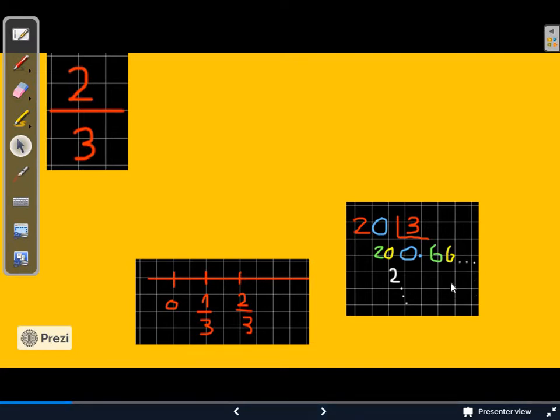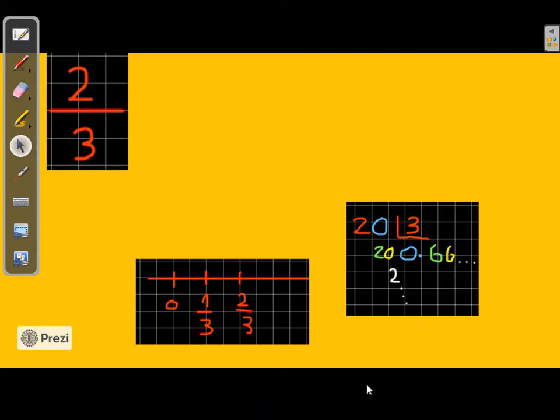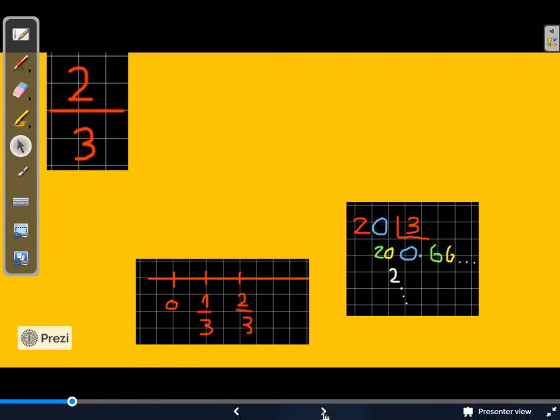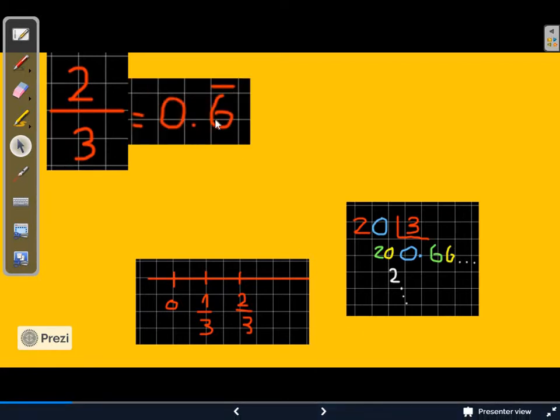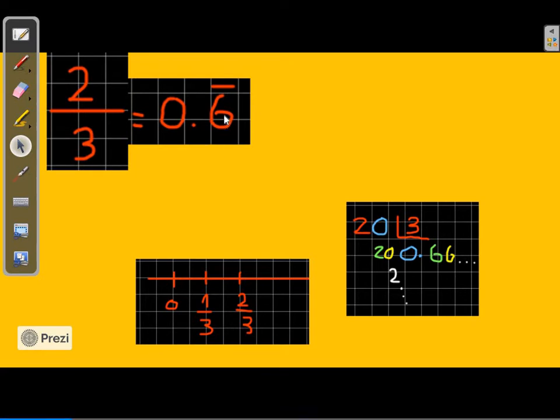That 6 will be repeated infinite times. So we will say that 2/3 is equal to 0.6 periodic. It means that that 6 won't have an end, and this number 0.6 periodic can be found here.